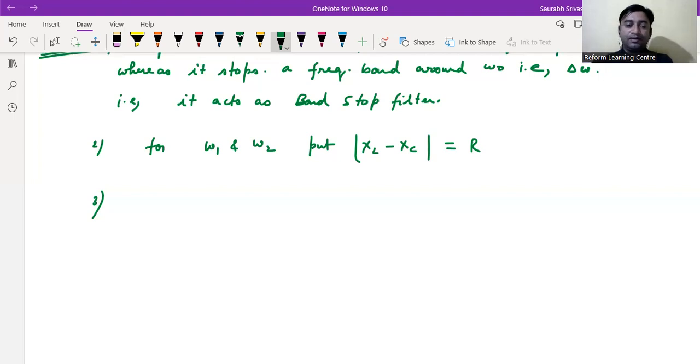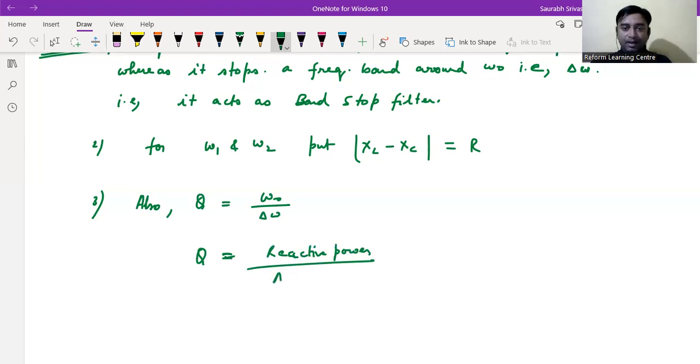ओके. Okay. Now, जी. Also, quality factor or selectivity will be omega naught upon delta omega, and Q is equal to, again it is by definition, reactive power upon active power.